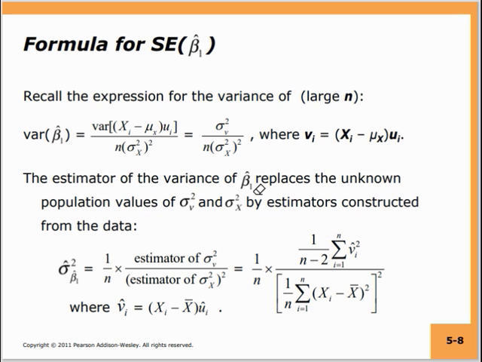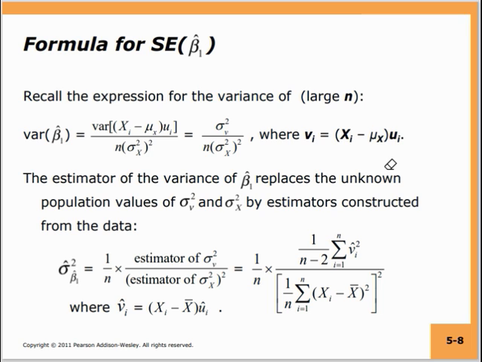So the estimator of the variance of beta 1 hat replaces the unknown population values of sigma square v and sigma square x by estimators constructed from the data. From the data you will have actual values of xi, x bar and ui. You get the values of ui once you have fit a regression line, where ui is equal to yi minus yi hat.